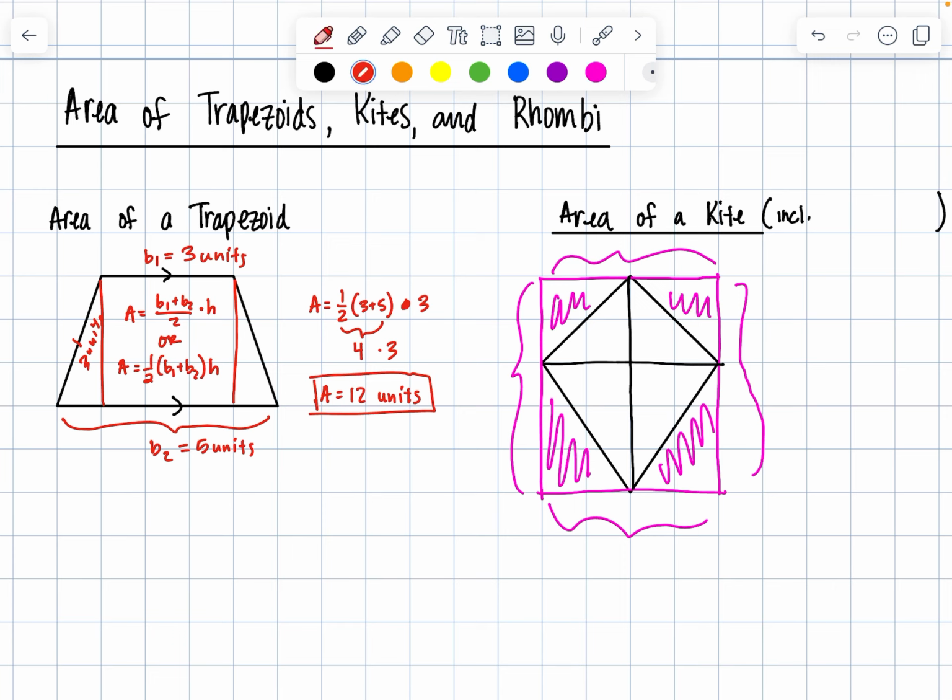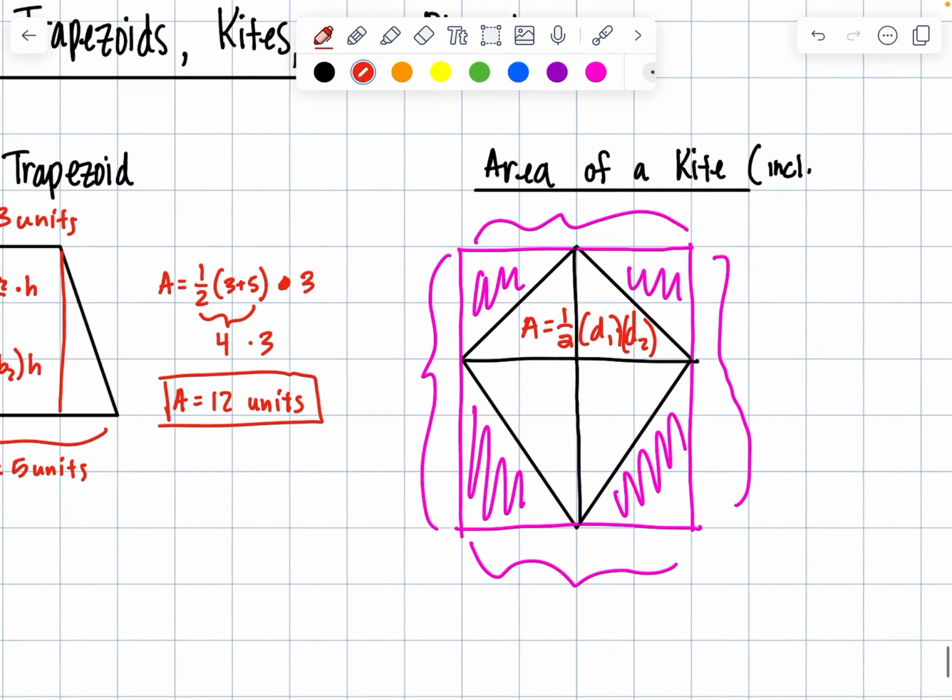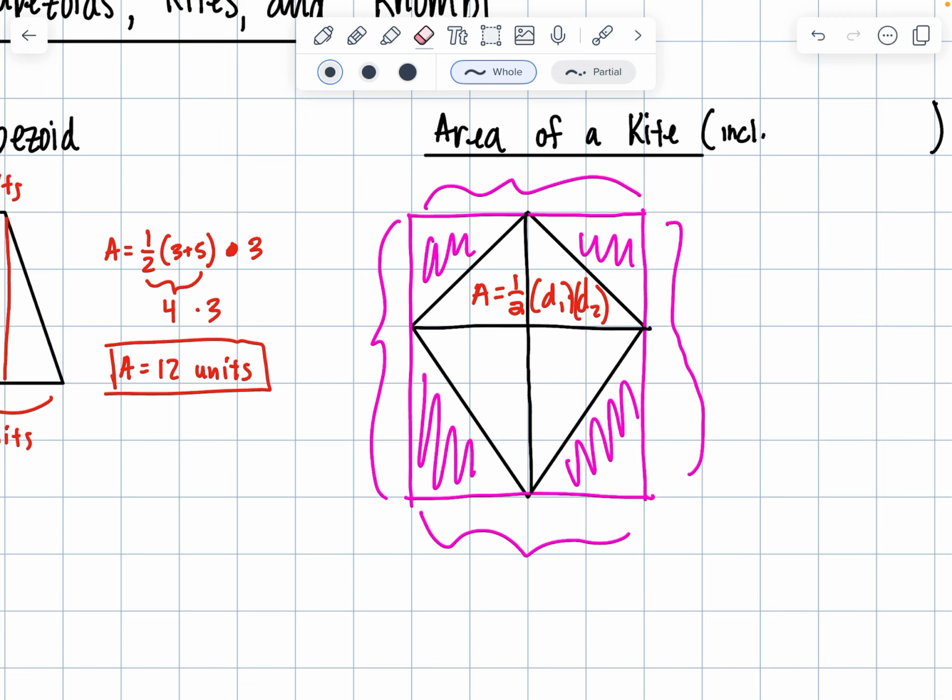So the area equation for a kite is as follows. Area is equal to 1/2 times diagonal 1 times diagonal 2. And that's it.